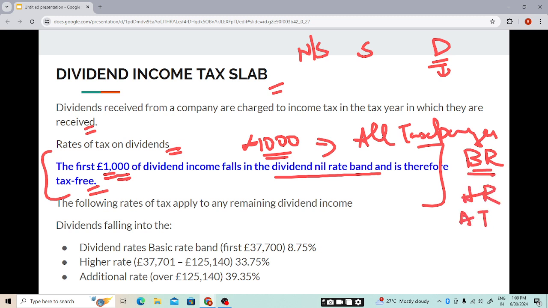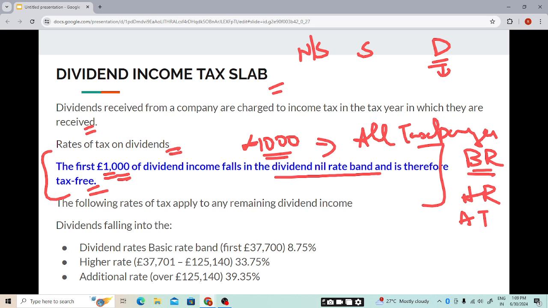But in savings income, we had the rule that for the savings income nil rate band, you must see whether he is a basic rate or a higher rate or an additional rate taxpayer. The total taxable income falls under which band? If it is falling in basic rate, £1,000. If it is falling in the higher rate, it is £500. Additional, 0.